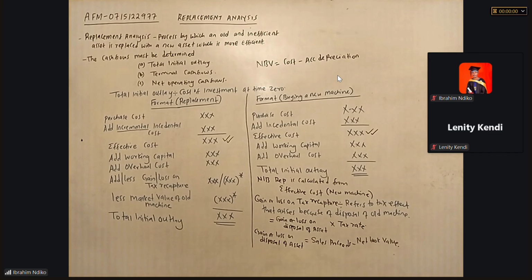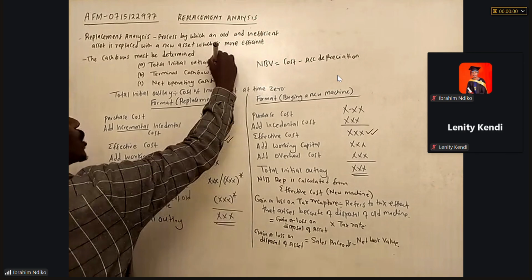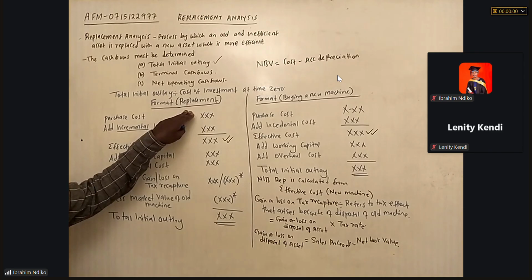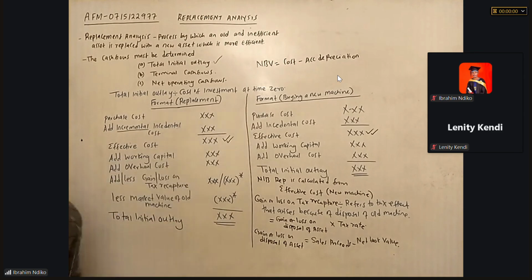We can go to how to determine terminal cash flow, number 2. So number one is fine. Total initial outlay, you can use either the replacement format, depending on the question, or the one for just buying a new machine. Number 2 is about terminal cash flow.